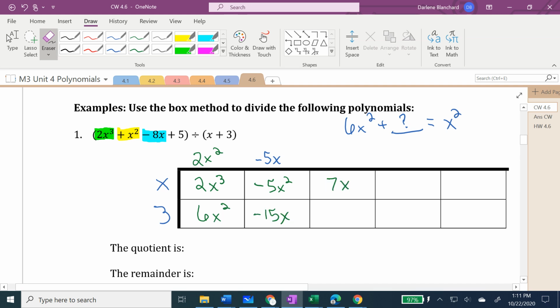And now that process, so we just processed twice. Whoop, whoop, whoop. Here we go, third round. What do I need to multiply this x by to get 7x? 7.